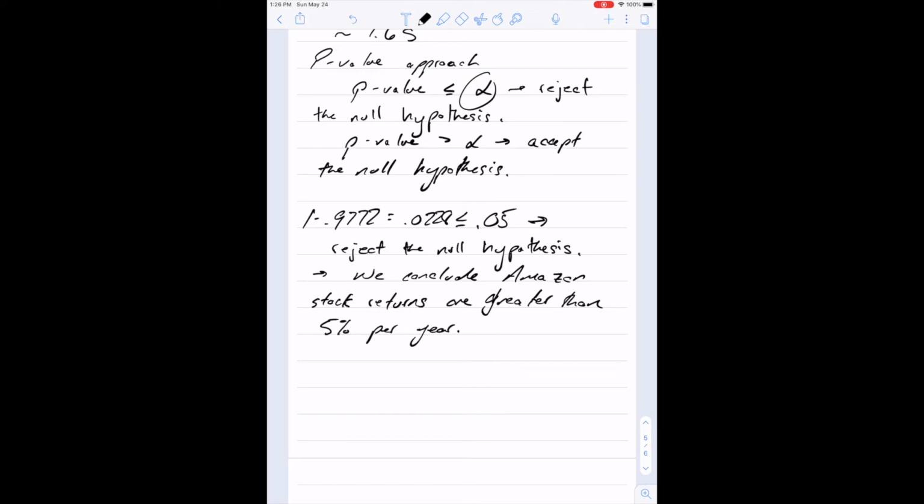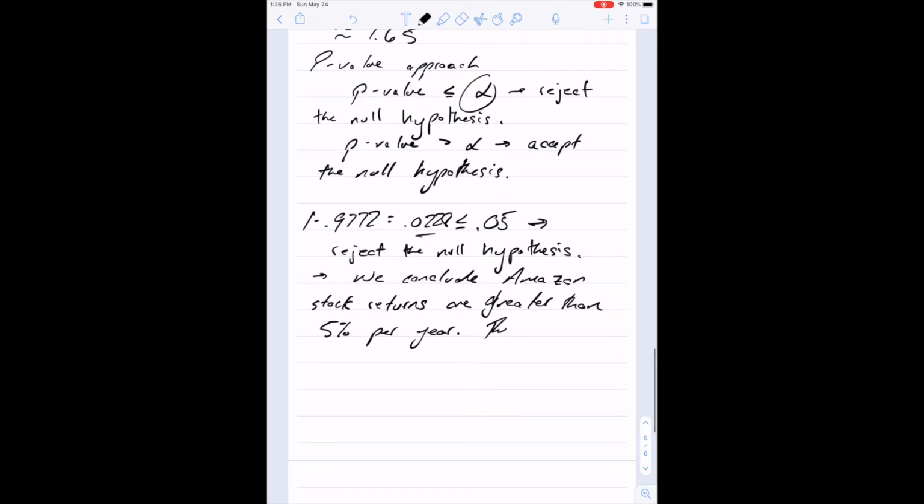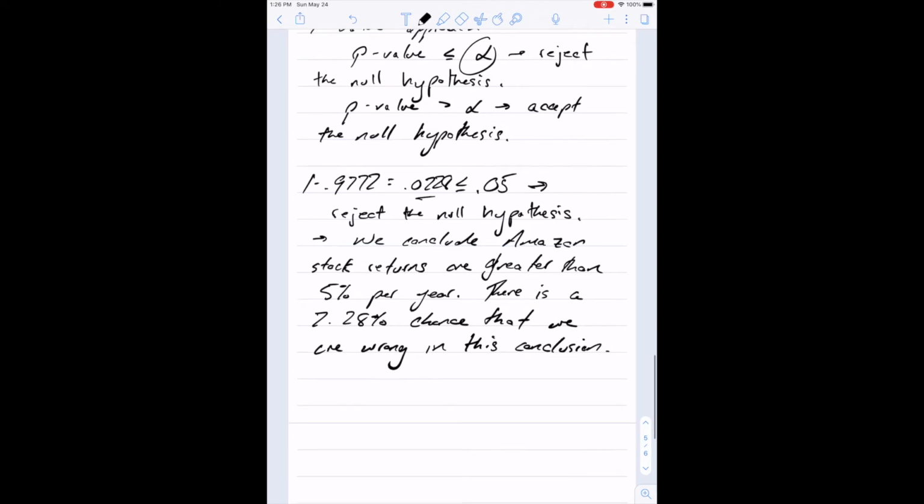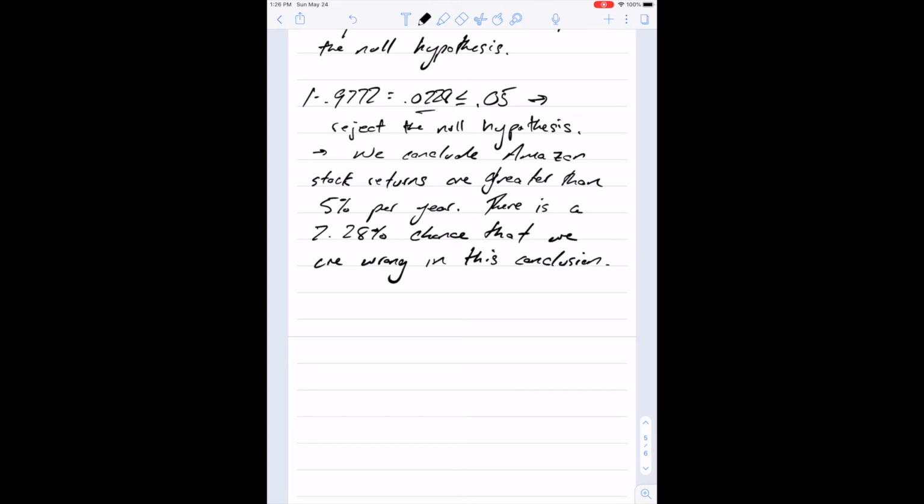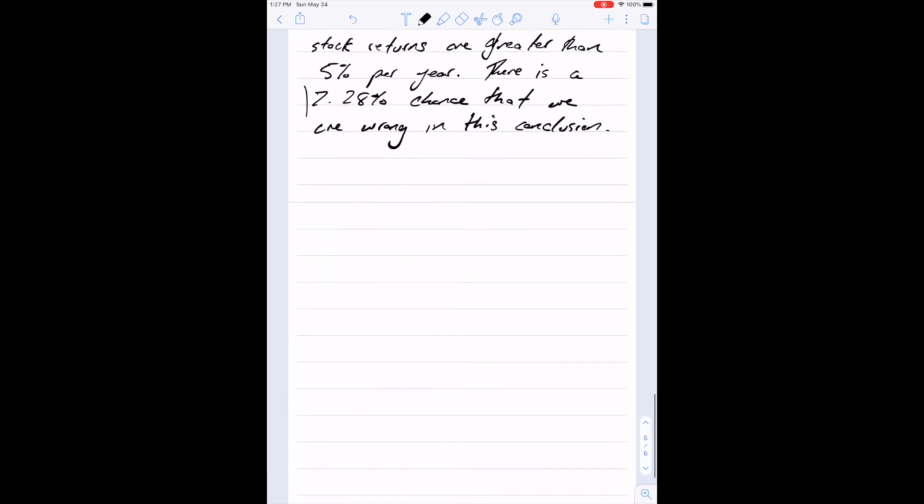And then what's nice about the p-value approach is we could say there is a 2.28% chance that we are wrong in this conclusion. That's what's nice about the p-value approach. So I think the p-value approach is probably better because you can write that second sentence right here. And that's a valuable piece of information to have, right? Well, I know exactly the probability that I'm wrong using this data to come to this conclusion.